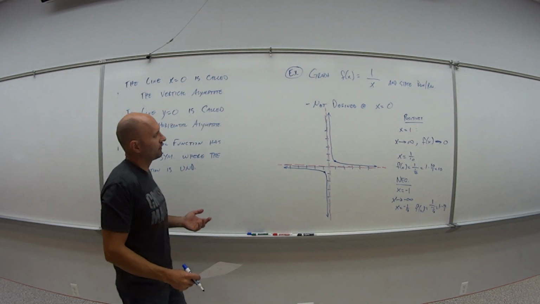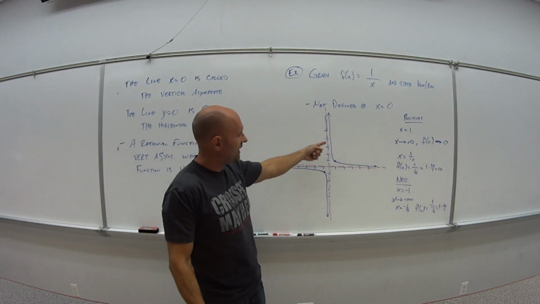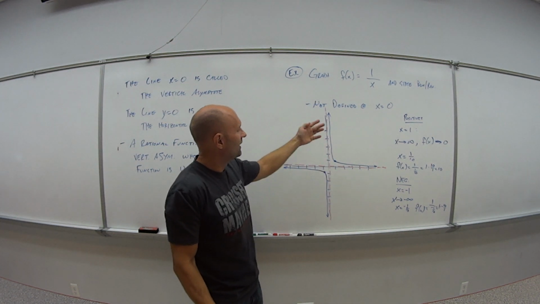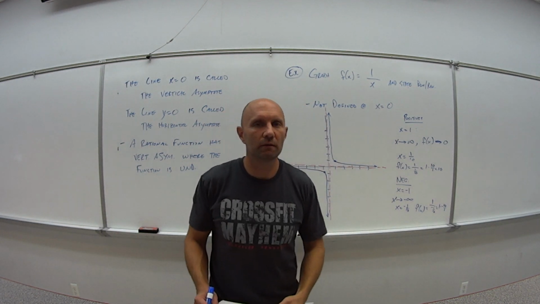And that should make sense to us, right? Because the vertical asymptote is telling us that the function can never have that value for x, and it can't ever have that value for x wherever it makes the function undefined.